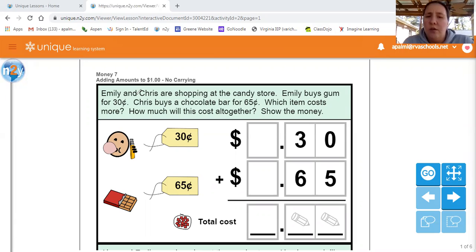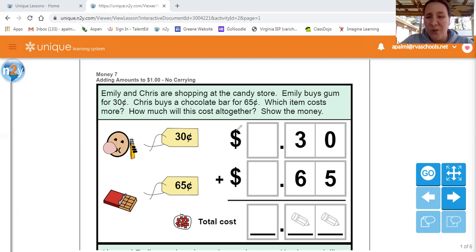Chris buys a chocolate bar for 65 cents. Which item costs more? How much will this cost all together? Show the money. So we're not going to work on showing money today because we've done that skill for a couple days now. We're going to decide which one costs more, and then we'll do how much they cost all together.